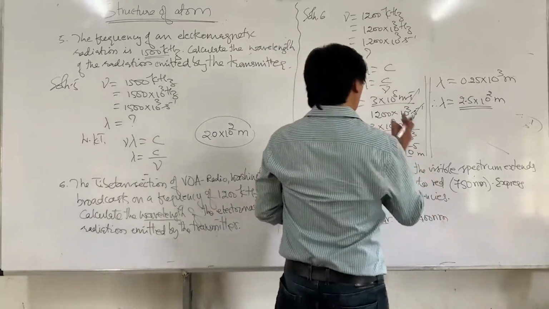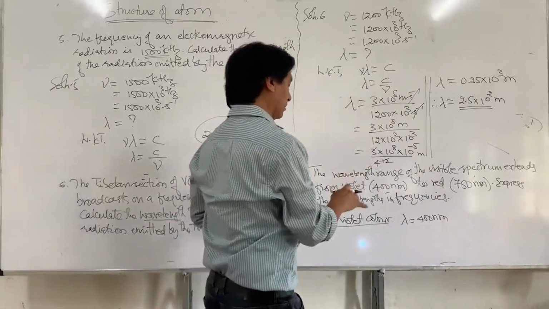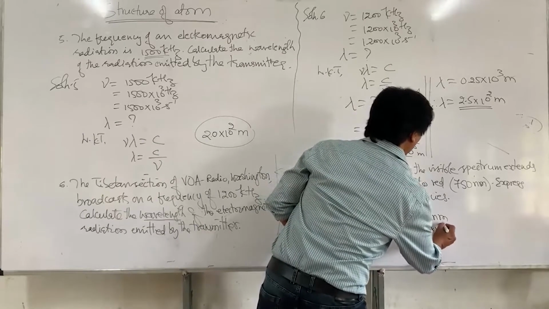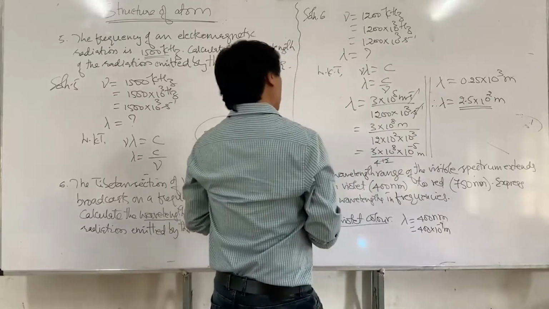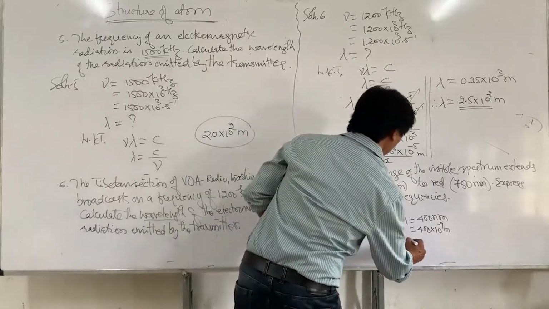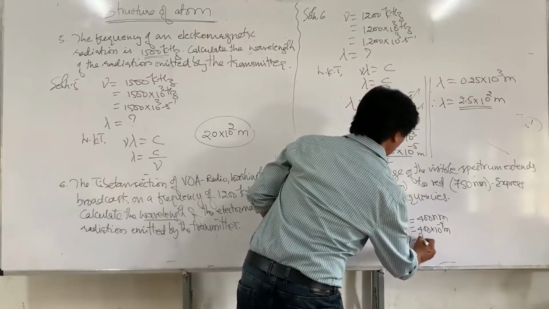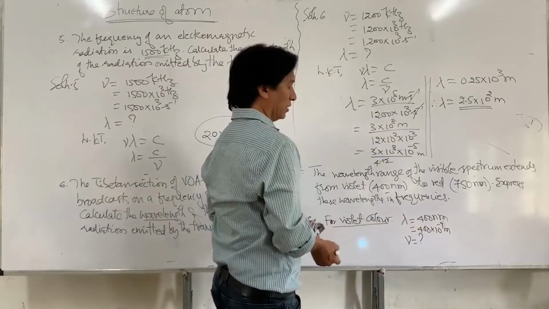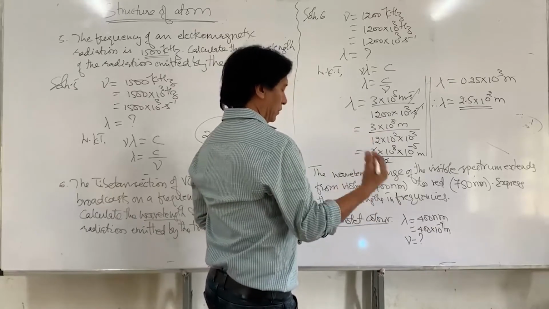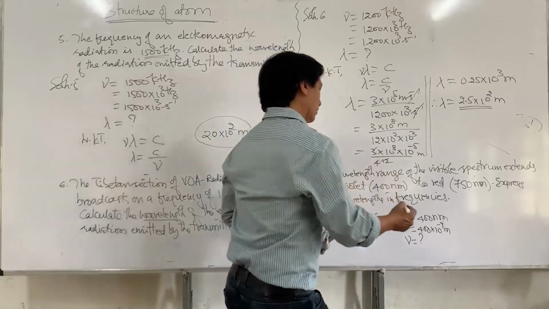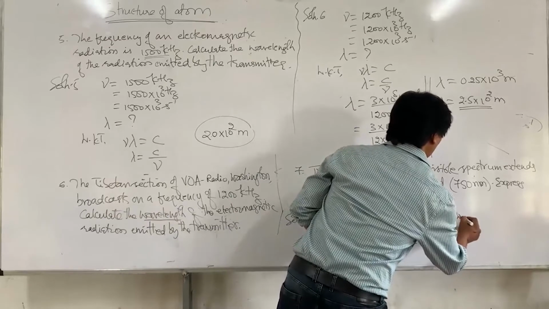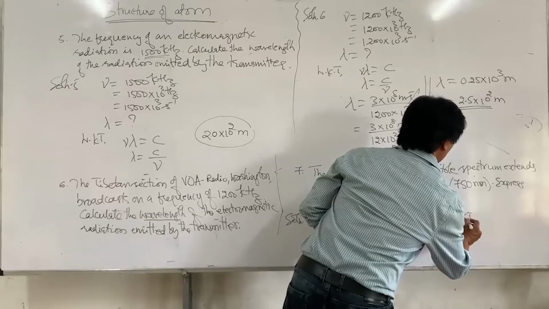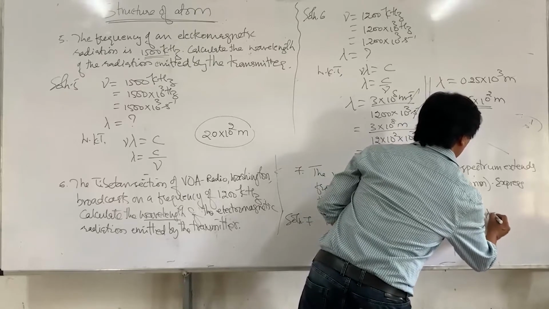Now you need to express nanometers in terms of meters. So it is 400 into 10 raised to the power negative 9 meters. And now you need to find the frequency, that is nu, equal to what? We know the relation between the speed of light, wavelength, and frequency: nu lambda is c.